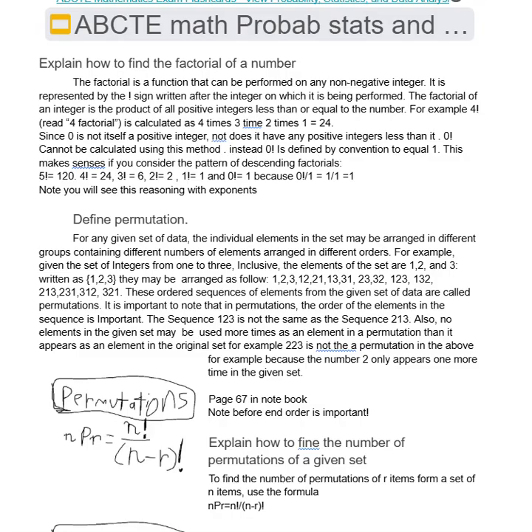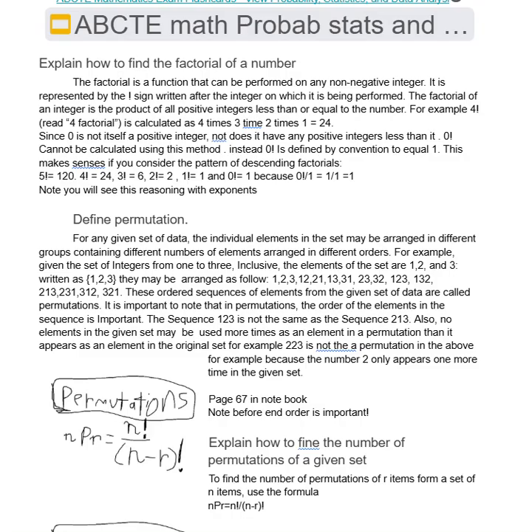For any given set of data, the individual elements in the set may be arranged in different groups containing different numbers of elements arranged in different orders. For example, given the set of integers from 1 to 3, the elements of the set are 1, 2, and 3, written as 1, 2, 3.